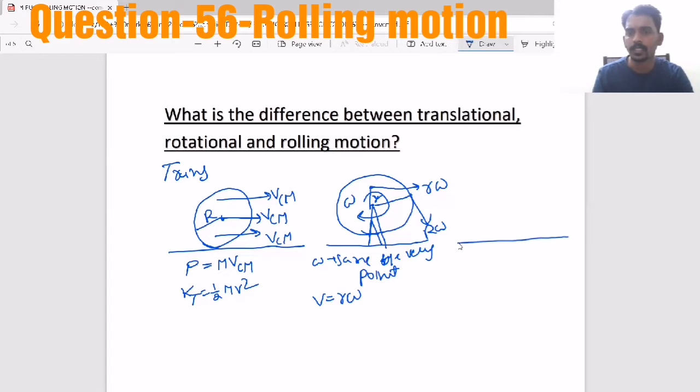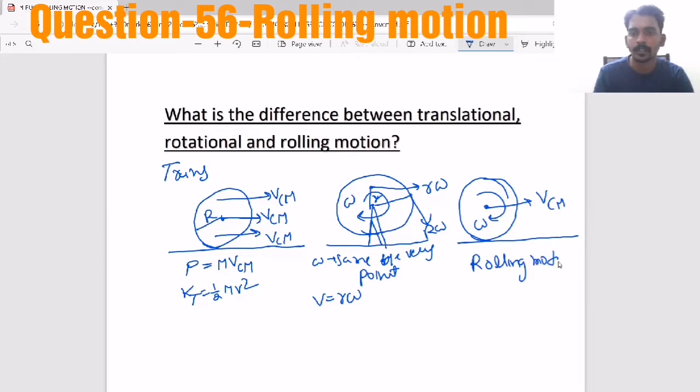Now if you consider the same body with one linear velocity and one angular velocity, that is called rolling motion. In rotational motion, kinetic energy is half I omega square or L square by 2I, and angular momentum is I into omega.